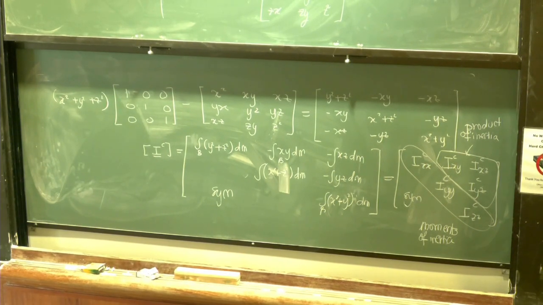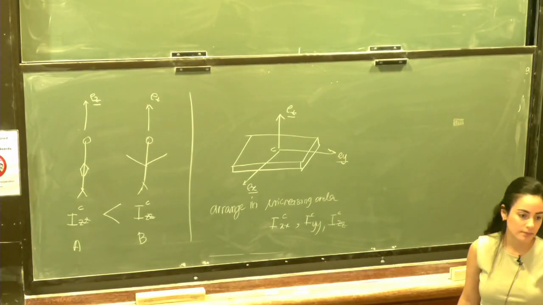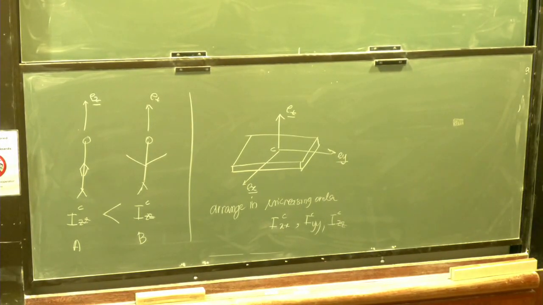Arrange in increasing order, where C is the center of mass, I_C xx, I_C yy, and I_C zz. Go ahead, do it. Which one is the greatest? Which one is the least?